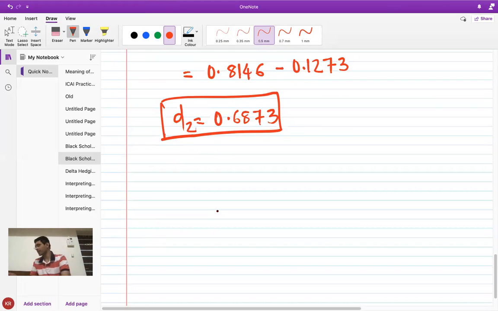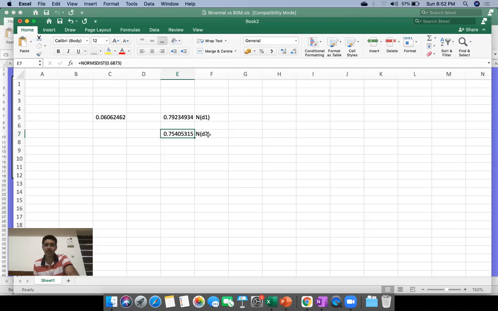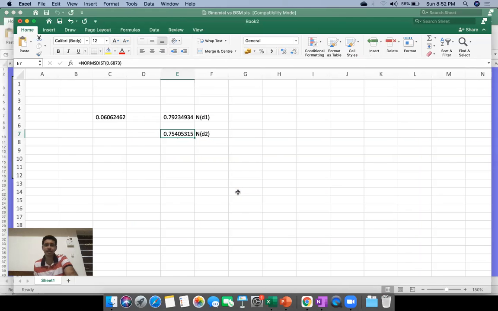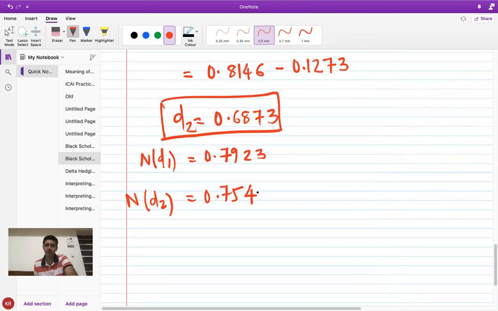Let me write that down as well. ND1 is 0.7923, ND2 is 0.7541.